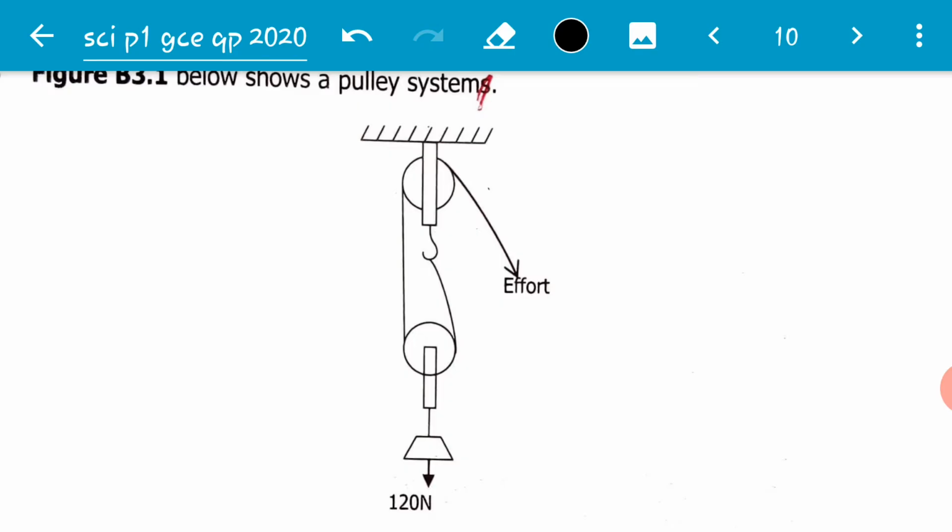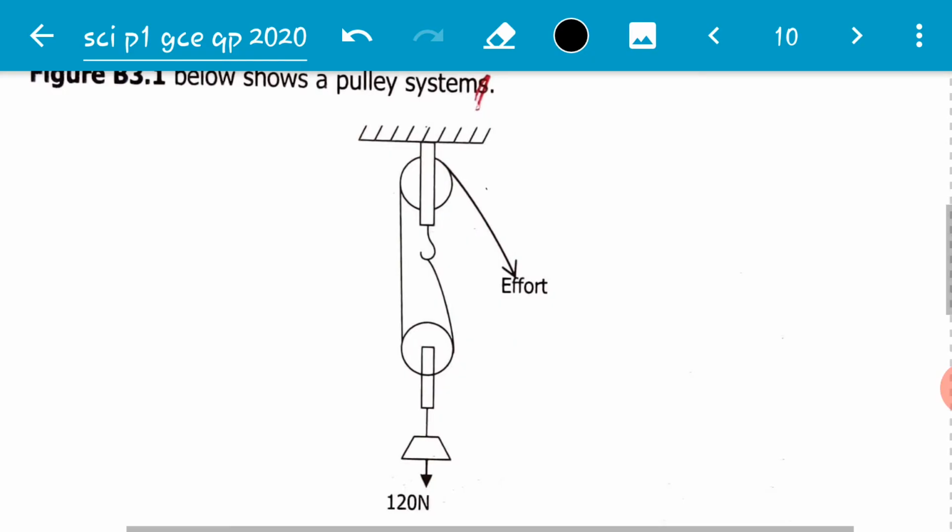You need to know how to count the number of strings supporting the load. It's never about the number of pulleys. For most questions that are asked, the number of pulleys will tally with the velocity ratio.